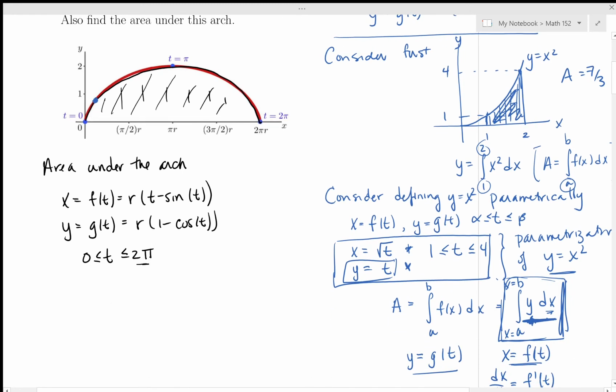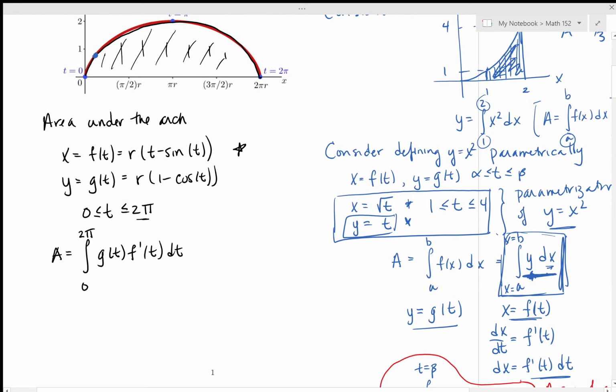Okay, I have now a way of calculating this given a parametrically defined curve. So the area under this cycloid is going to be the integral from 0 to 2 pi of g of t times f prime of t dt. So now I need to know what f prime is, and f of t is here.